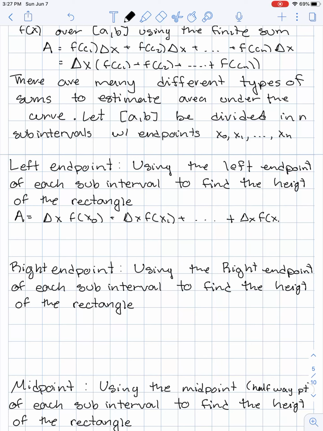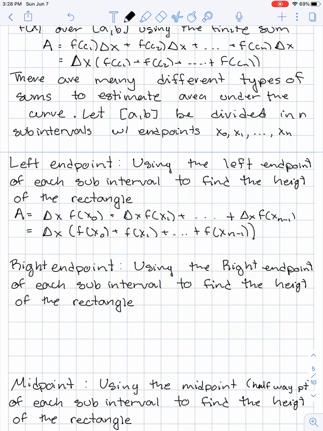So this is going to be f of x sub n minus 1, because I need to choose the left endpoint. That means x sub n is going to be on the right, so I'm not going to choose it at all. And then I can also rewrite this, pulling out my delta x.